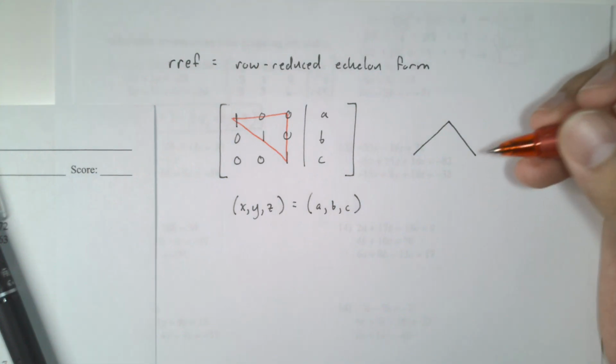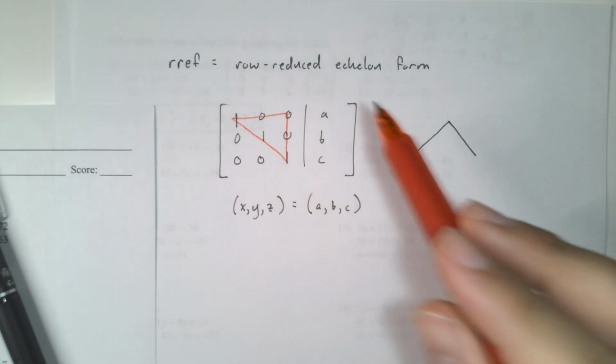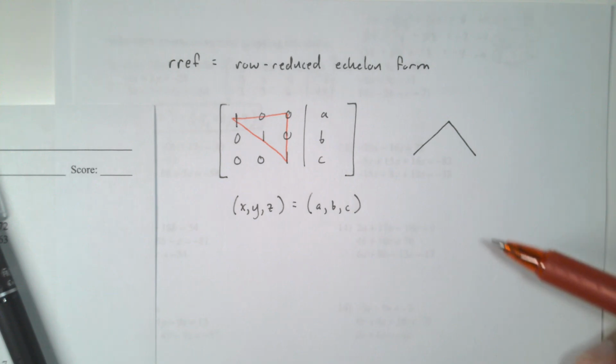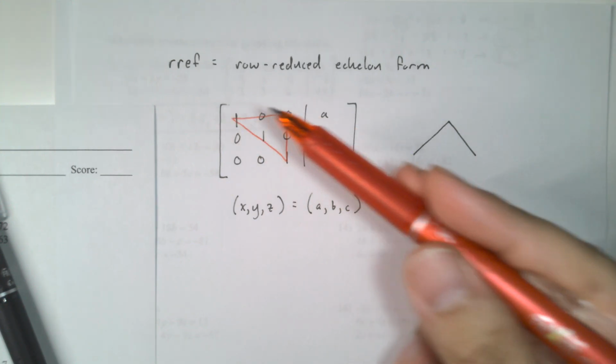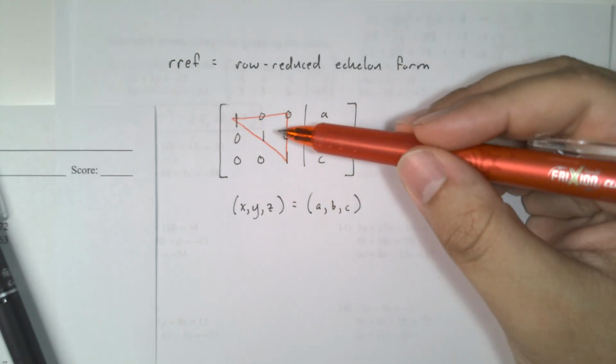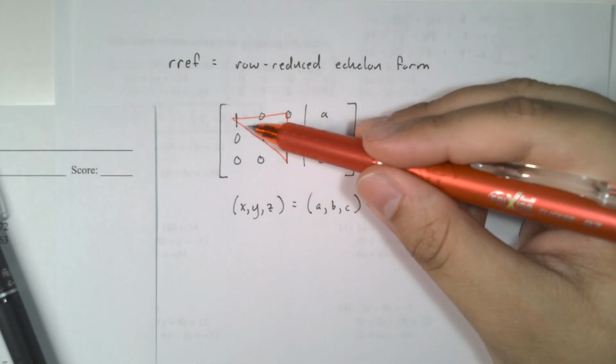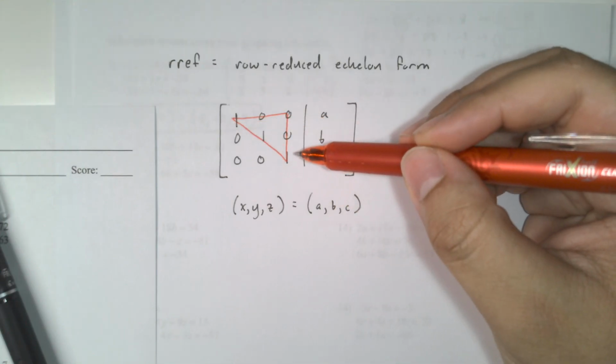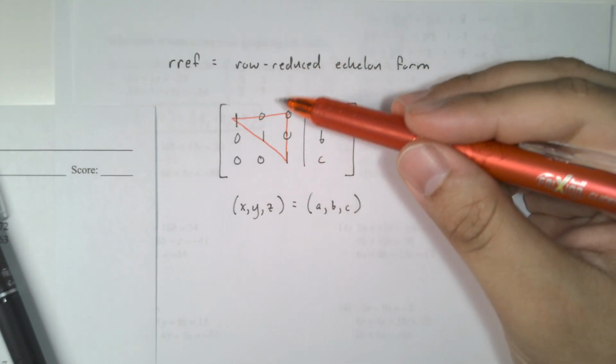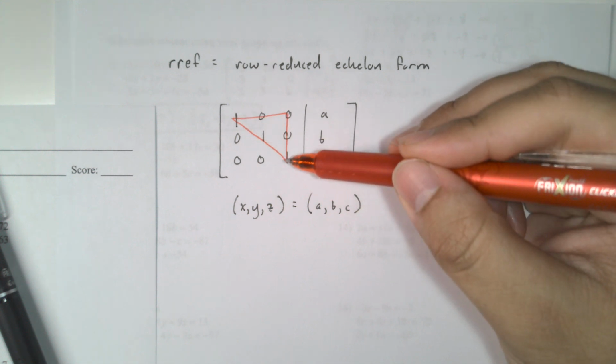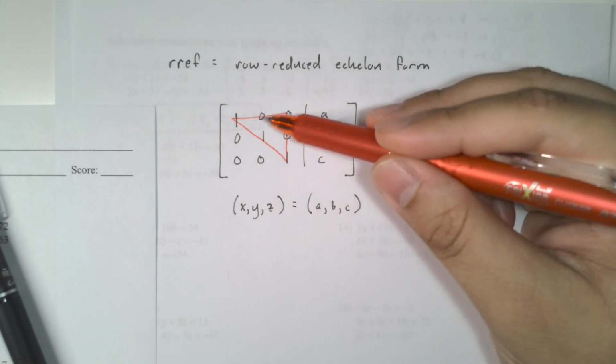But that's not too important. It's just to give you an idea of why it's called row reduced echelon form. Echelon because it forms kind of like a triangle, and then particularly we want these ones here, and the row reduced part means that it makes just a diagonal of ones and then zeros here.